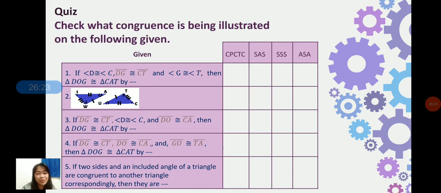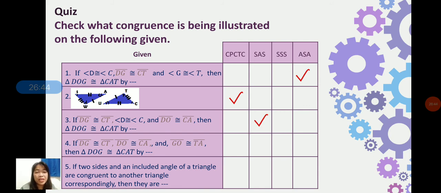Okay, let us have the first one. That is an example of ASA. And the second one would be CPCTC, simply because all those three angles and all those sides have the same markings as the other triangle.